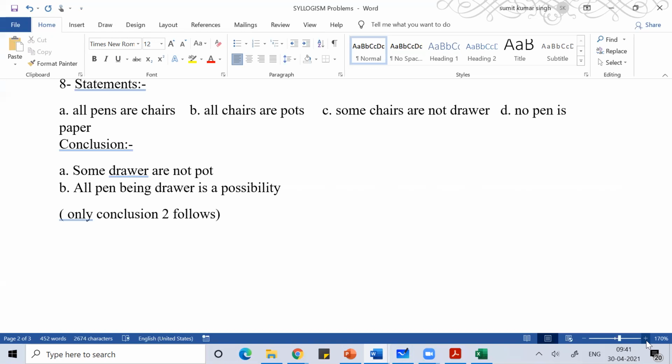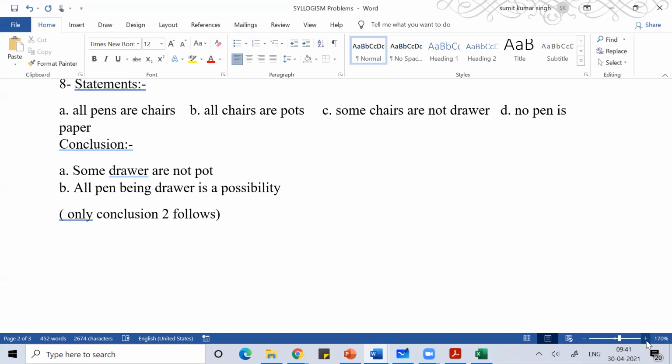Your conclusion should be based only on what is given in the statement. You don't have to use your knowledge of science or maths or any other concepts. You need to think that your world is limited to the idea given in the statement, and based on that, you need to solve the problem.